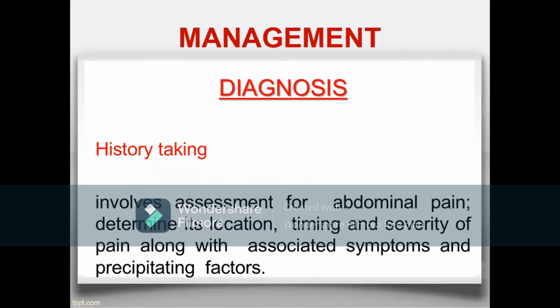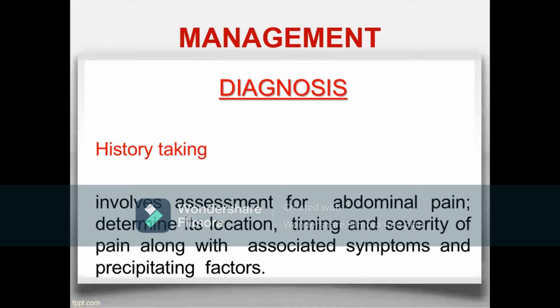The management of peptic ulcer disease, starting with diagnosis, it's important that you take the history. History will reveal a lot of issues. For example, if the patient has been abusing alcohol, if they have probably been taking non-steroid inflammatory drugs. History is also critical in that it may reveal the type of diet the patient might have been taking.